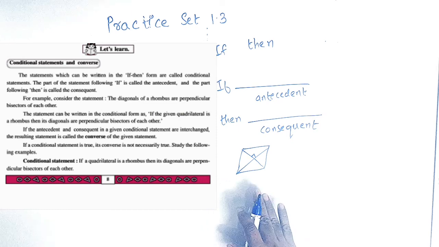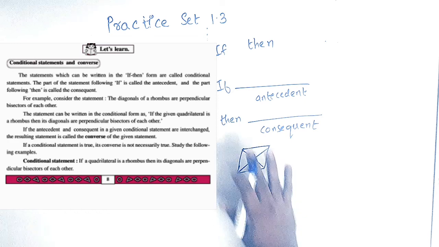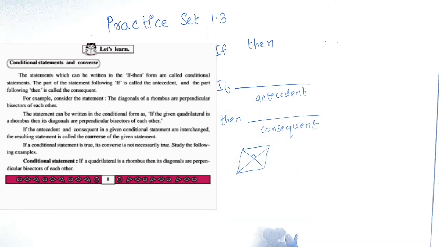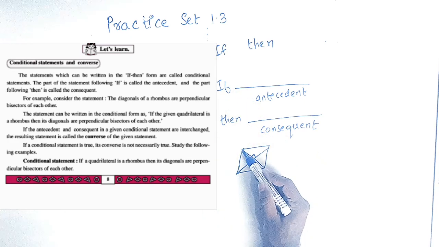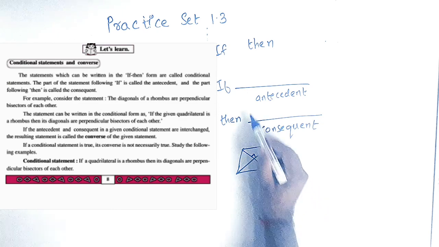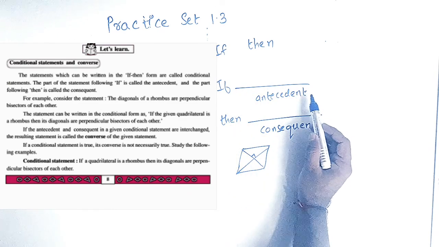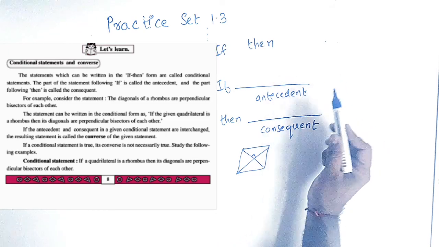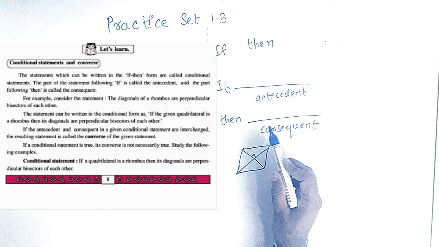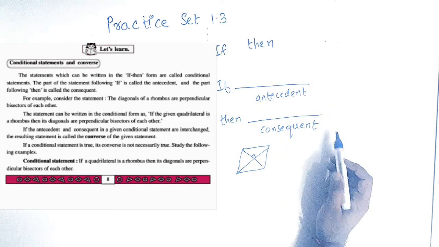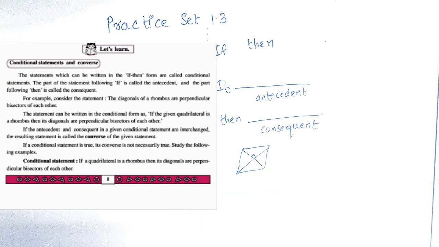Now I want to convert this into if-then form. So how will I say this? If the quadrilateral is a rhombus, then its diagonals are perpendicular bisectors of each other. This is called the antecedent and the consequent.